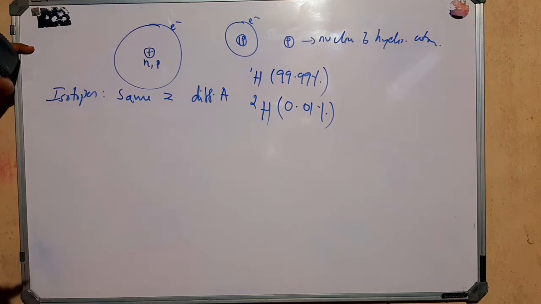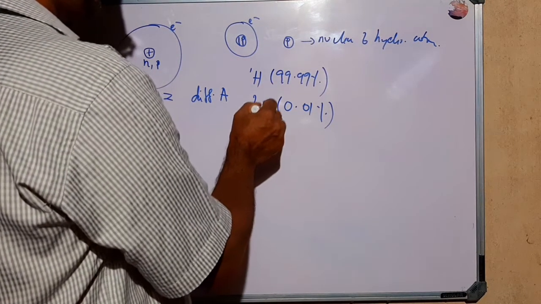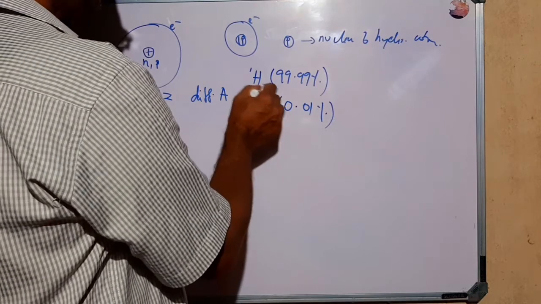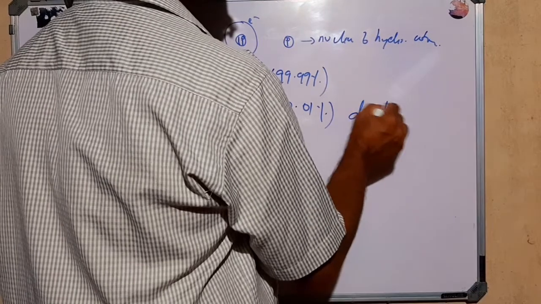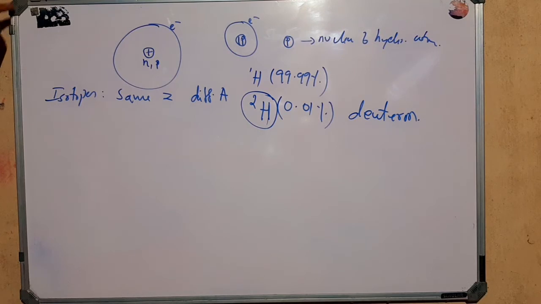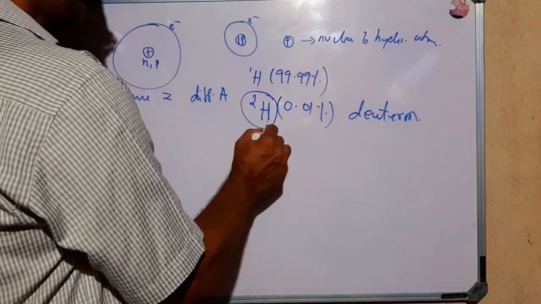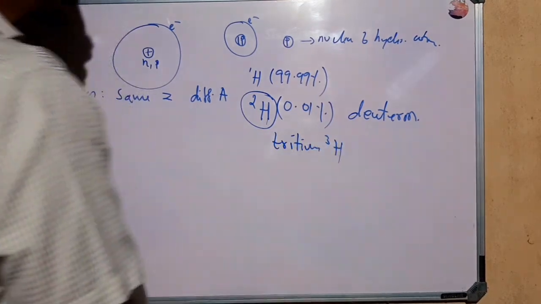It consists of one proton and one neutron. So the nucleus of deuterium is called deuteron. There is one more unstable isotope of hydrogen, that is tritium, 3H.